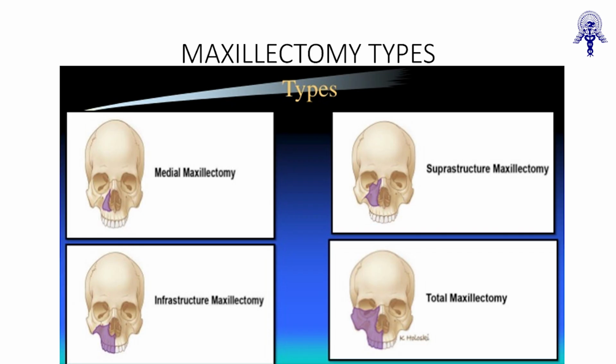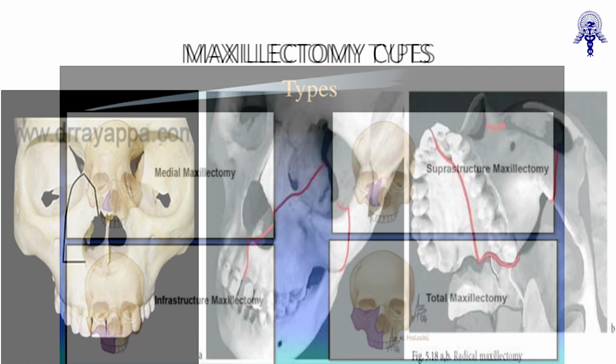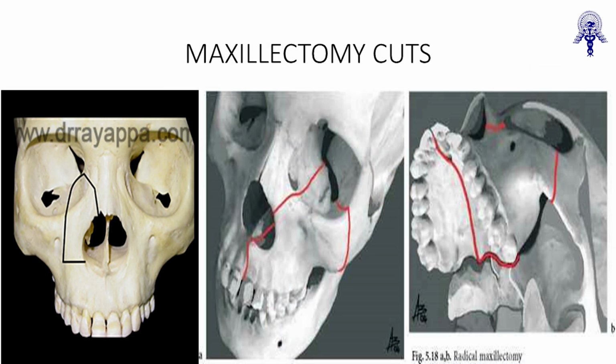These are medial maxillectomy, infrastructure, suprastructure and total. In medial maxillectomy, the lateral wall of the nose is removed; infrastructure, the palate and surrounding; suprastructure, the orbital plate and part of it, keeping the alveolus intact; and total maxillectomy, the whole of the maxilla, just keeping the orbital periosteum intact. What are the cuts?